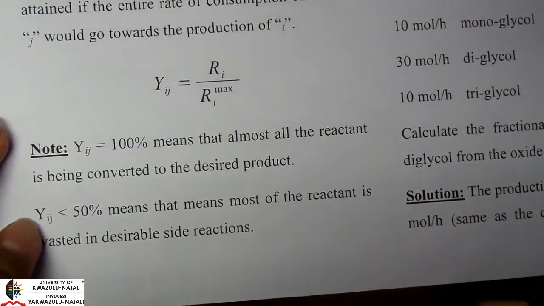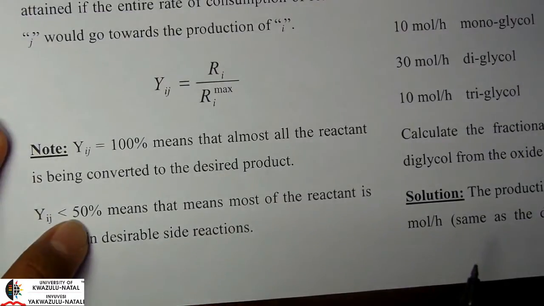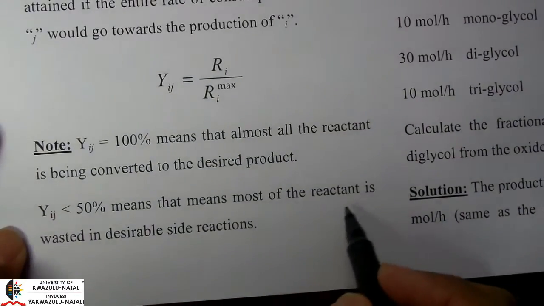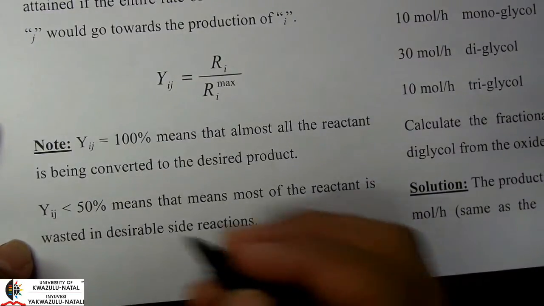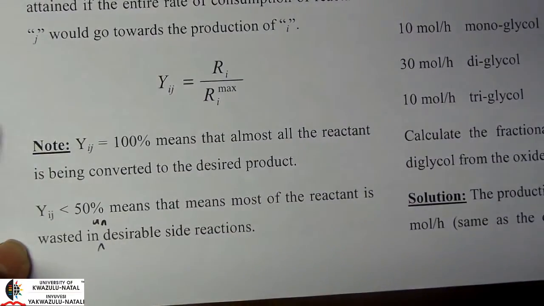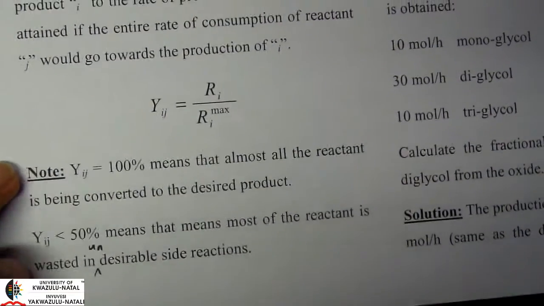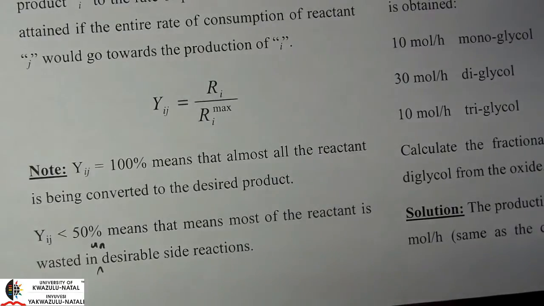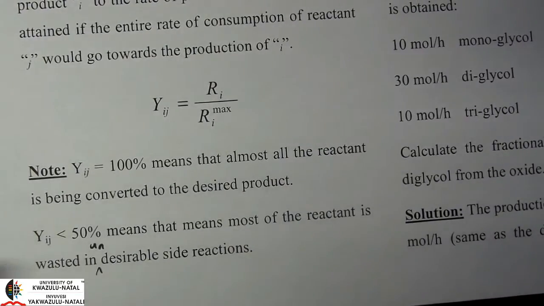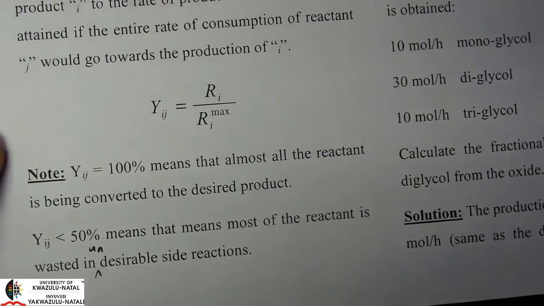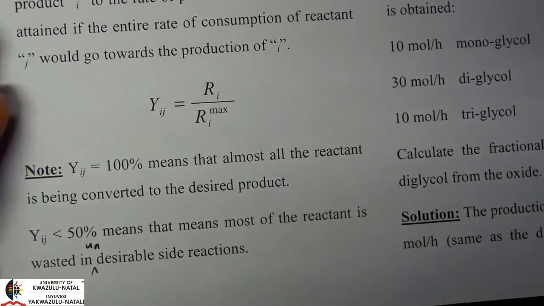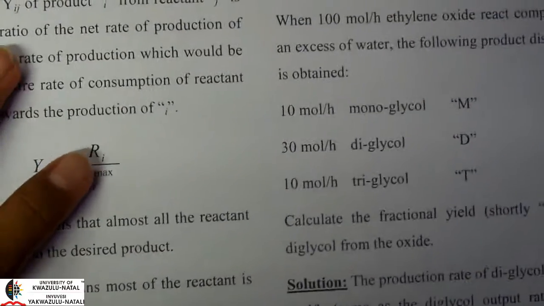If we have a yield of, let's say, less than 50%, this means that most of the reactant is actually being wasted in undesirable side reactions. So the yield is a measure of the efficiency of a particular reaction set and also the efficiency of a reactor in promoting the key reaction and avoiding the undesirable side reactions.